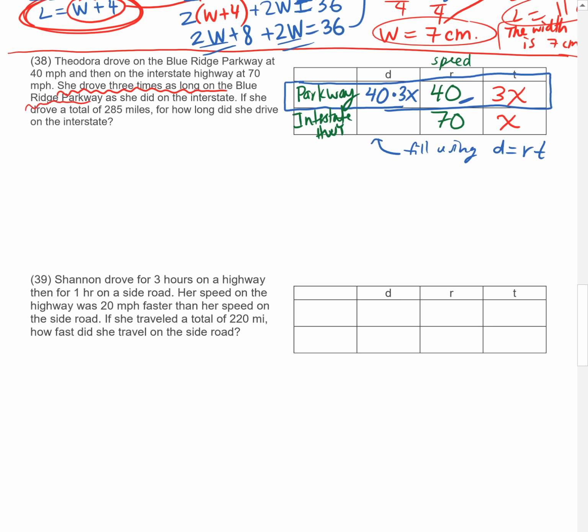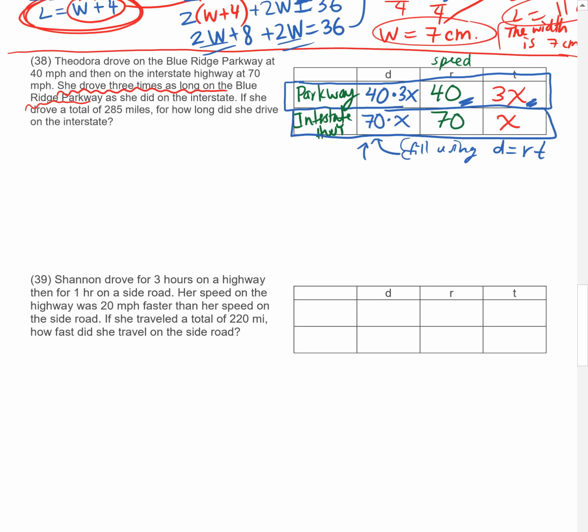Just getting them from the next rows, or next columns. So you could write 120x if you want. I could do that in the next step or right now. And then the same for the interstate. On the interstate, her distance, which is the blank spot, is her speed, which was 70, or her rate, times her time, which was x.